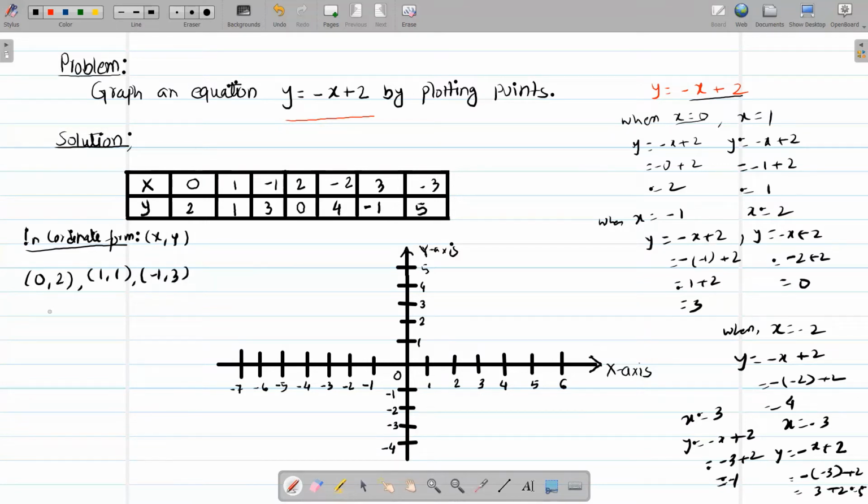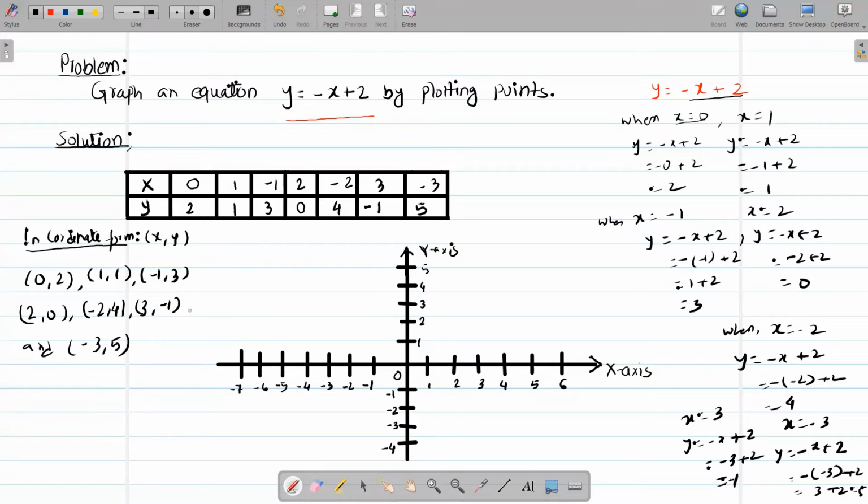Another coordinate is 2 comma 0, another is negative 2 comma 4, another is 3 comma negative 1, and the final coordinate is negative 3, 5. All right, so we have our coordinates.